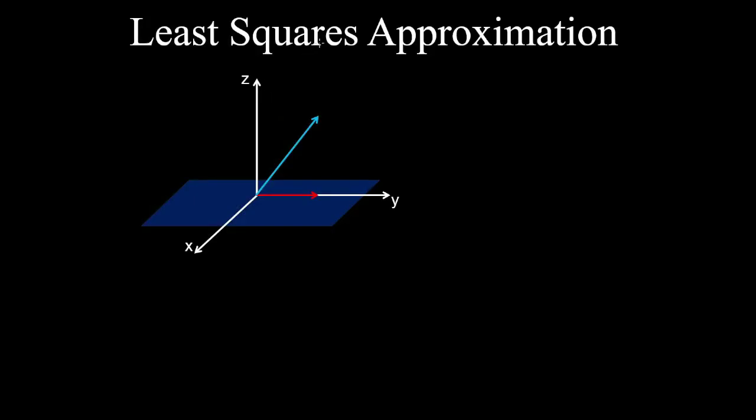Recall that our least squares approximation to a vector from a given subspace is the orthogonal projection of this vector on that subspace, which we've seen previously.